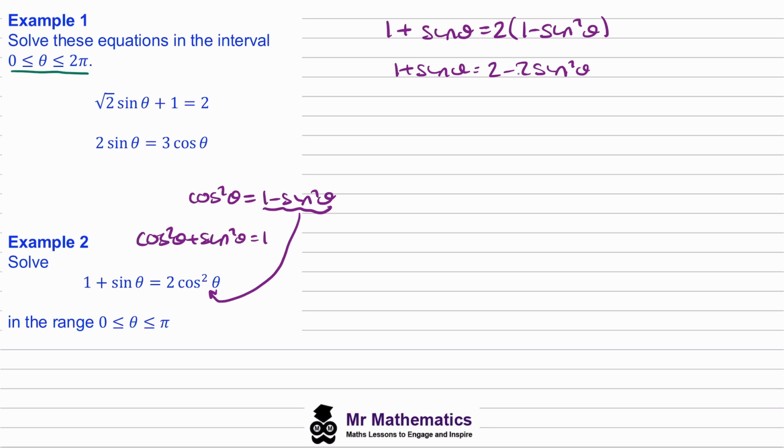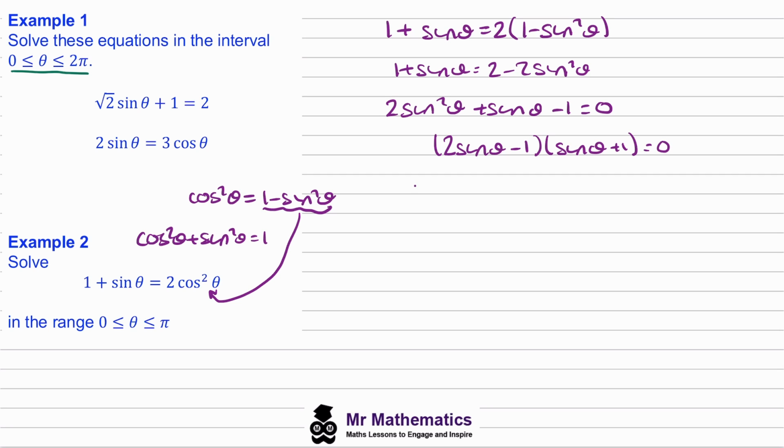And then we'll move all the terms over to the left-hand side. And we'll have 1 take away the 2, so -1. And what do you think we need to do now for this left-hand side? So we can factorize this. We'll have 2 sine theta minus 1 and sine theta plus 1.